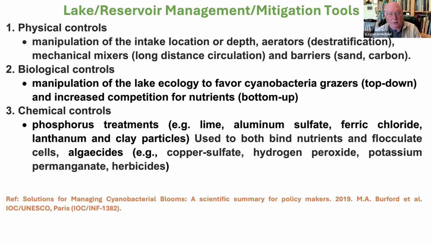Also used are algicides, the old standbys like copper sulfate, hydrogen peroxide, potassium permanganate, and even herbicides directly. But keep in mind, all these are temporary, and we want to illustrate why we can do better. These three examples are used widely in reports and methodologies, but in this case, this comes from a UNESCO report called Solutions for Managing Blooms.